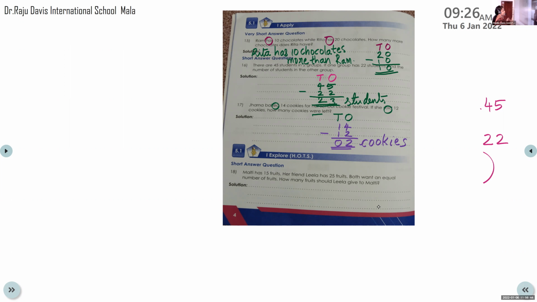What they want to do, they want to make it equal. Here we can see one is having 15, another one is having 25. It's not equal, no? But they have to make it equal.